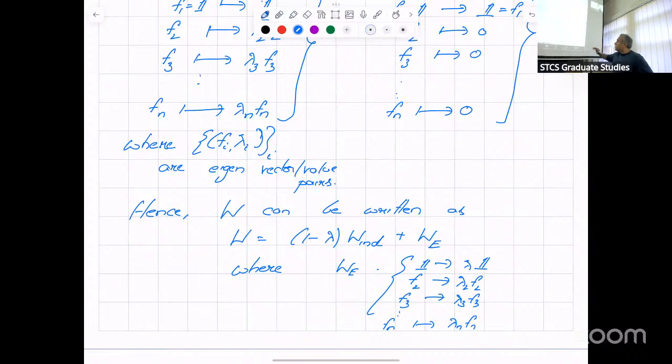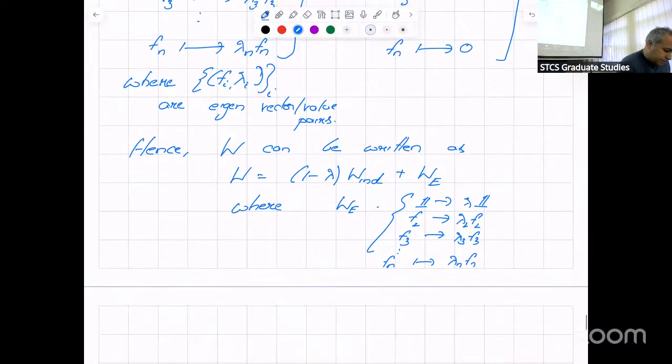Why is this useful? Notice what is the norm of W error? It is sending every vector to at most one of these guys. So the norm of it is only the maximum of these. It can never expand a vector. So W error's norm is less than or equal to lambda.